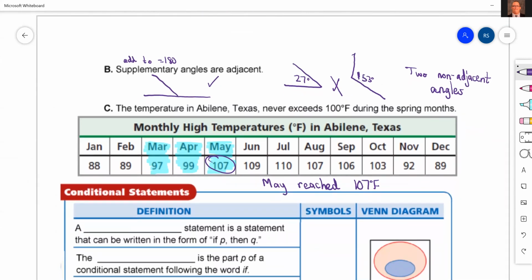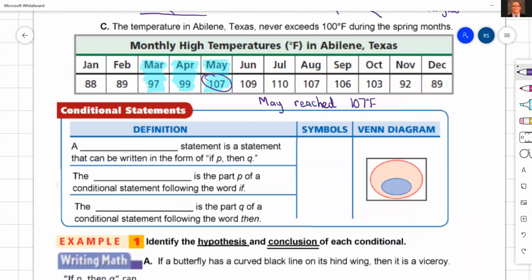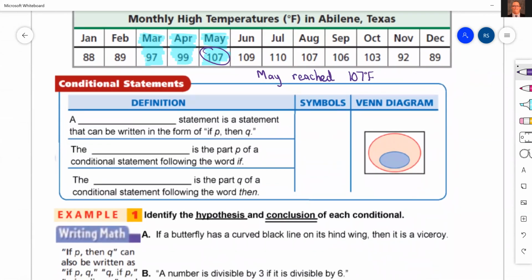That's how you show that a conjecture is false. You just have to find one example that makes it false, and then boom, you're done. Okay, let's briefly touch on conditional statements. We'll do more of these in day 2, but let's at least introduce them today.